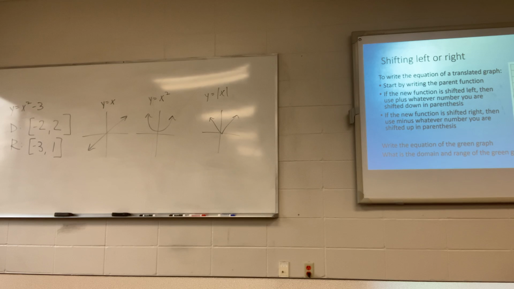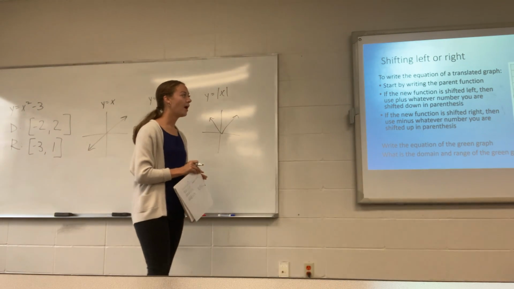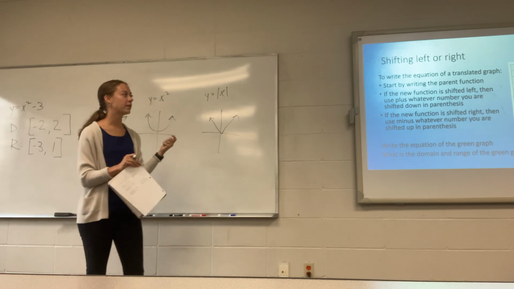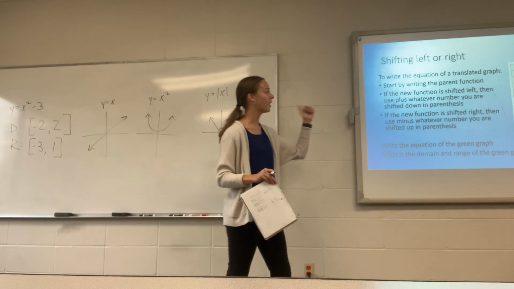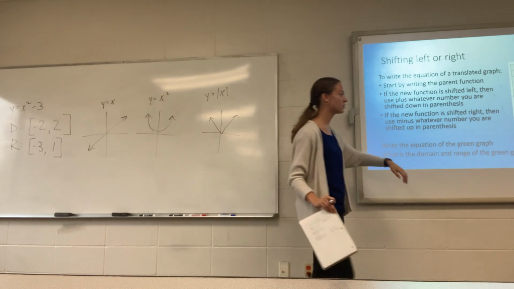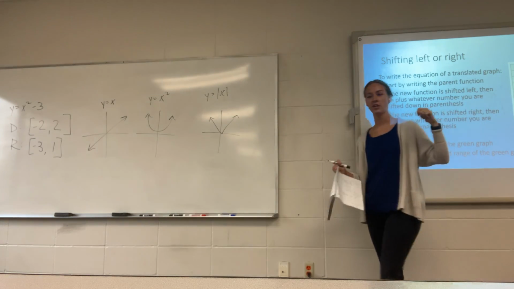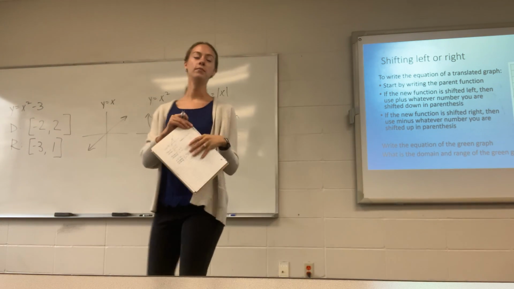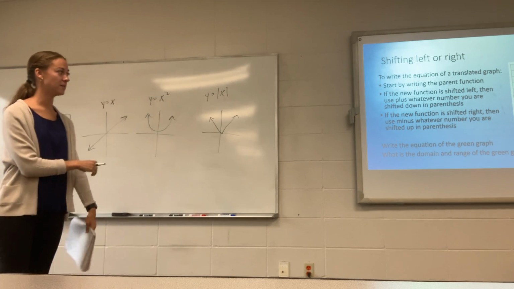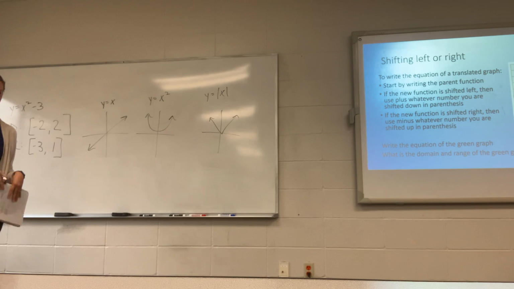All right, left or right? So to write your equation when you're shifting left or right, we start by writing our parent function again. And then this is the one that's a little bit tricky. If the function is shifted to the left, then we actually use the plus sign. Even though it goes to the left, you'd think minus because it's going to the negative, it actually uses the plus sign. And the reason for that, we'll get into in the quadratics chapter.